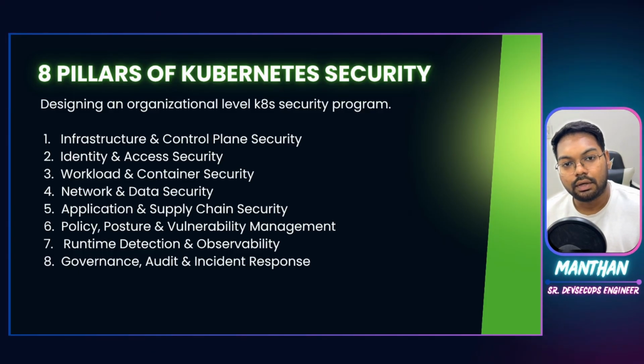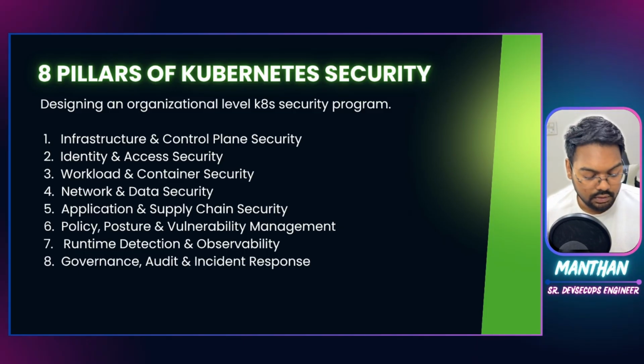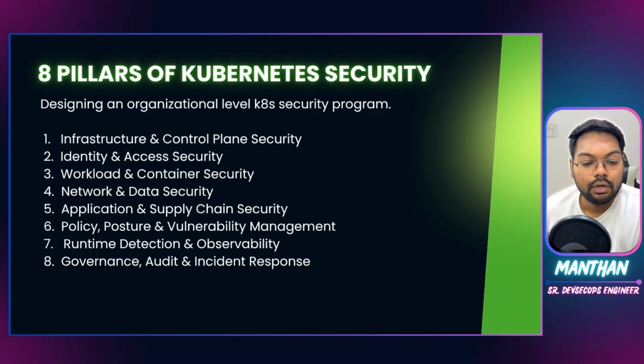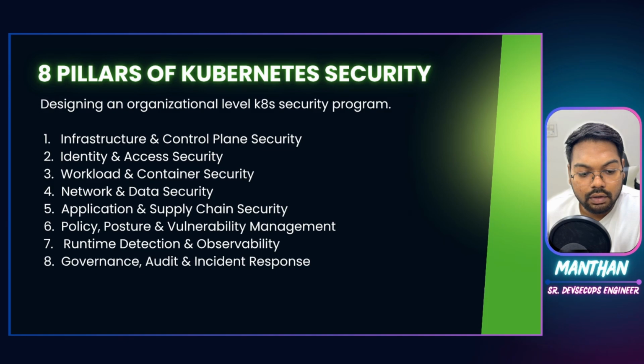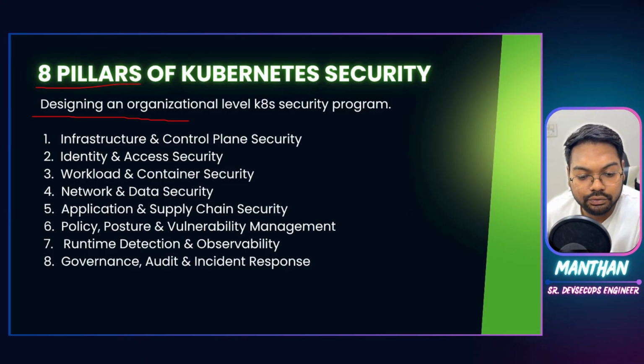Then comes the authentication and all the other stuff related to AWS services or any cloud services. So when we design an organizational level Kubernetes security program, we need to keep in mind that there are 8 pillars that we need to secure.